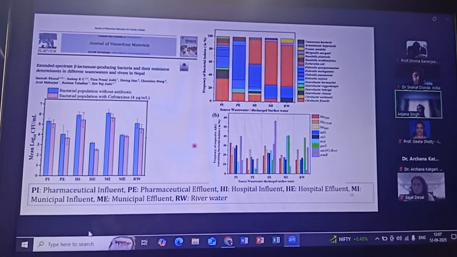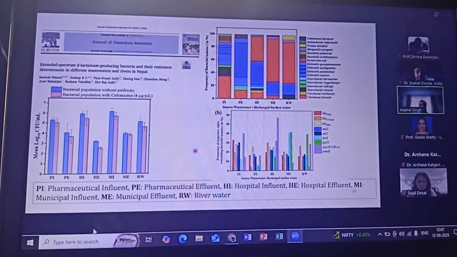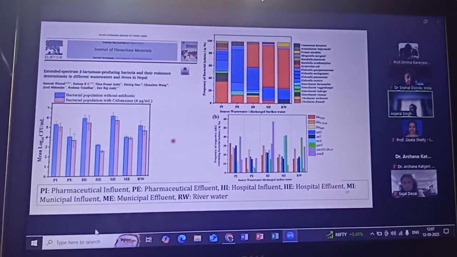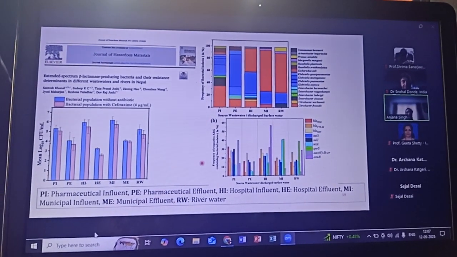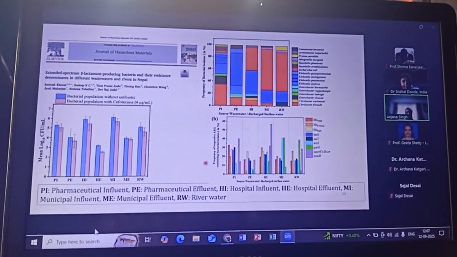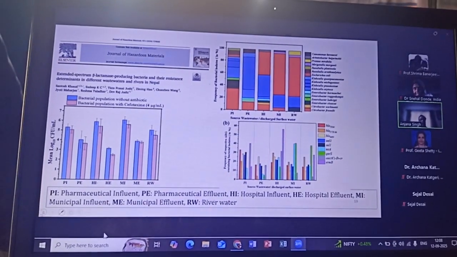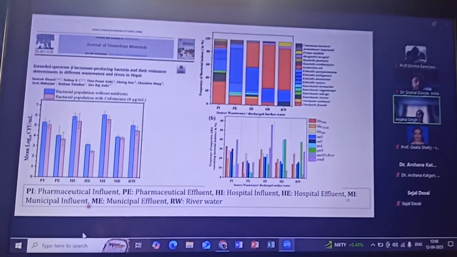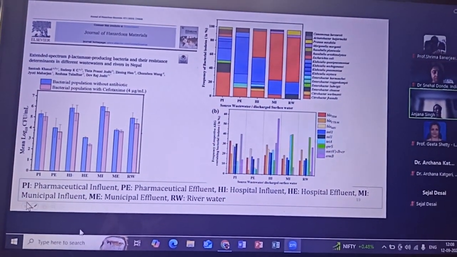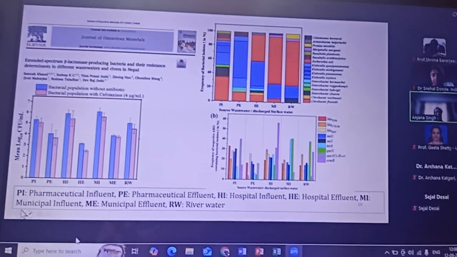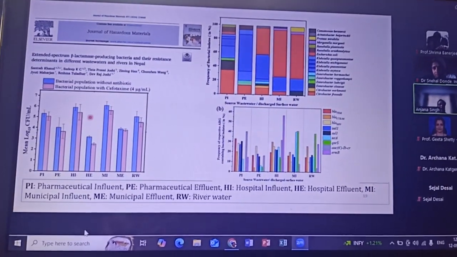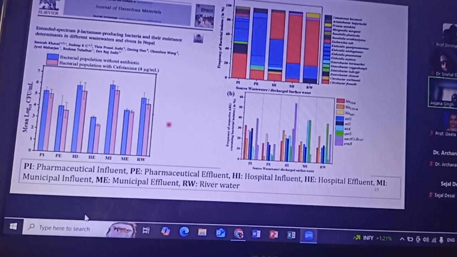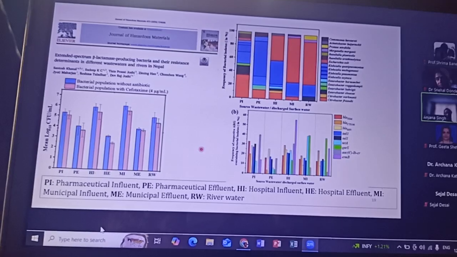And when we talk about extended spectrum beta lactamase producing bacteria, in short, as I have given in the lower caption, we can see that hospital influent and municipality influent show a high number of organisms, that is, the population of bacteria that is present.